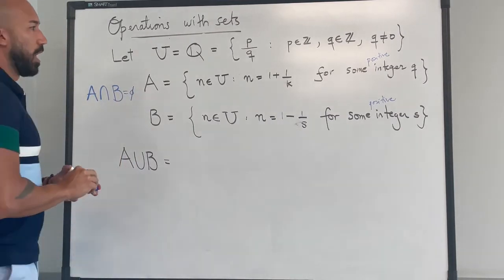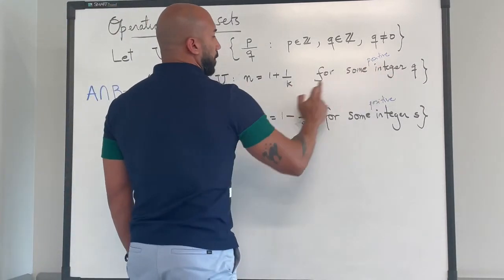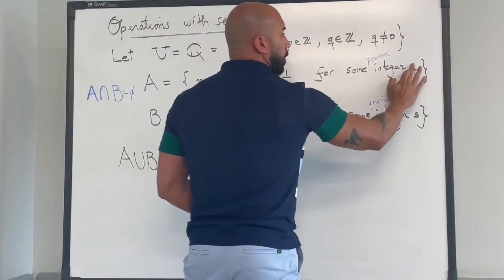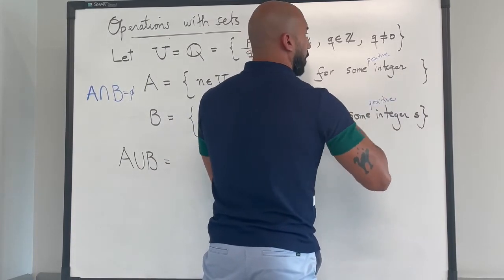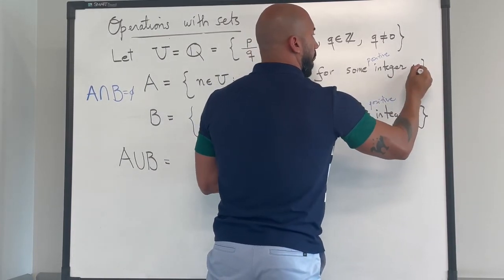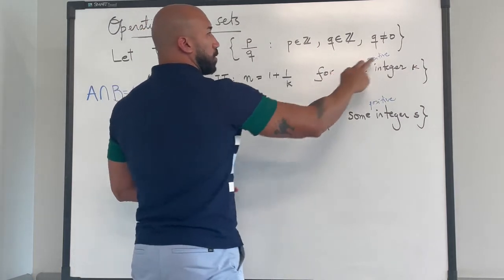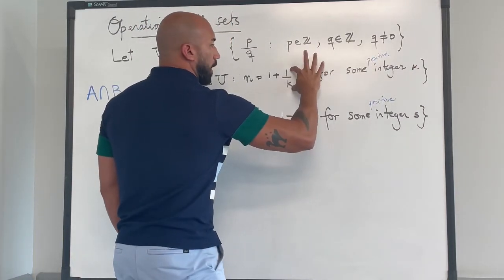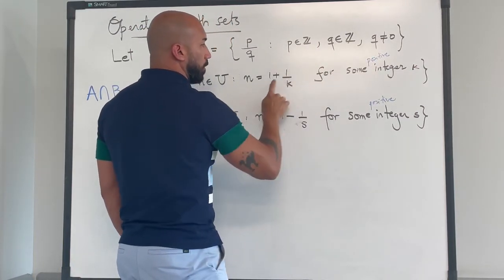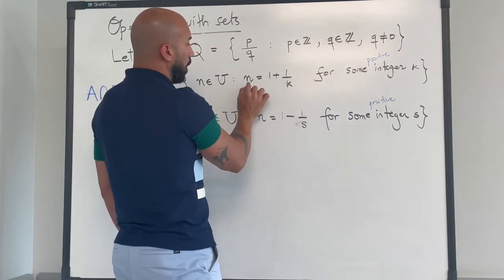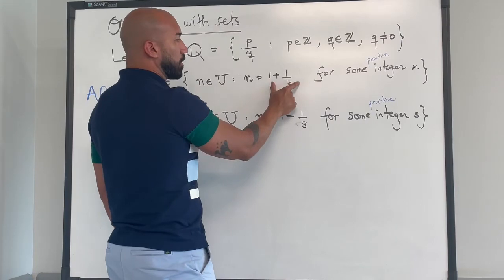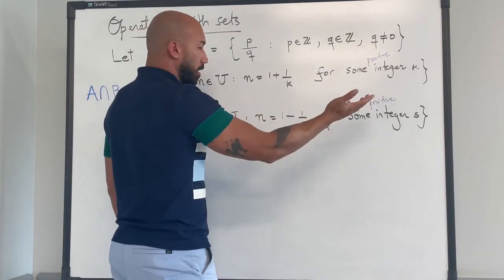Why? Because for some integer k, if k is positive, 1 over k is also positive, so we are adding something to 1. So every element in A is going to be bigger than 1.